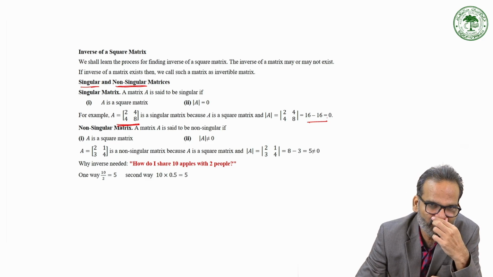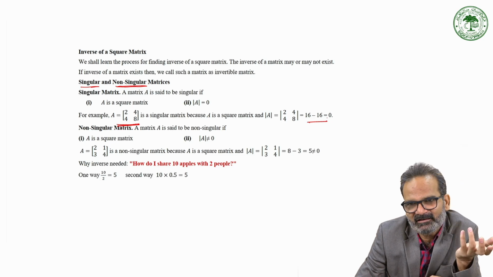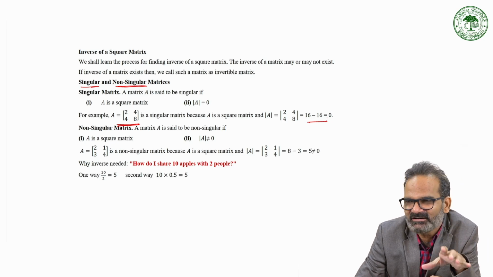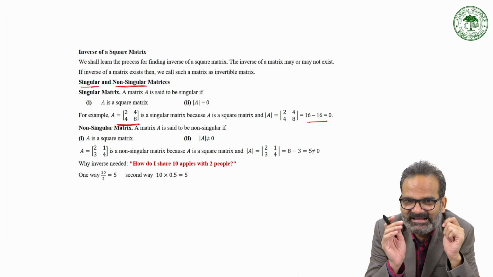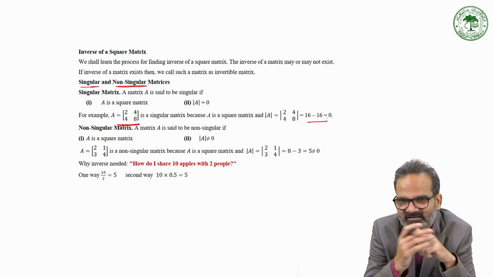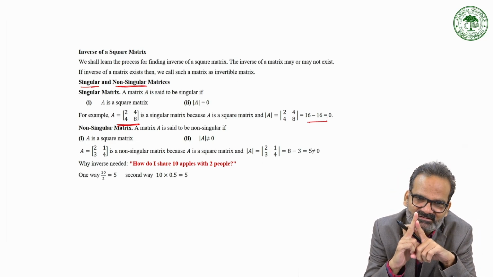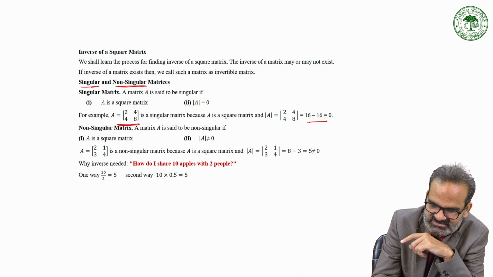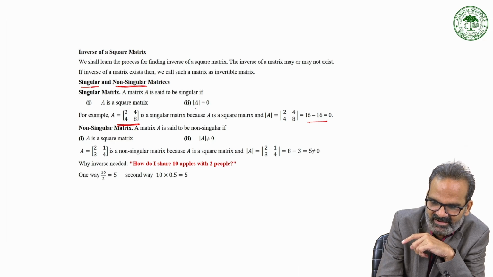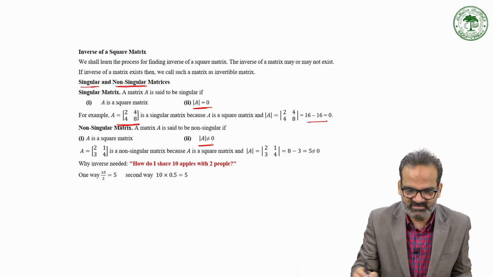The second case is non-singular matrices. A matrix which is not singular is called non-singular. So a matrix A is said to be non-singular if, number 1, it is a square matrix, and number 2, its determinant is not equal to 0. So for a singular matrix, the determinant should be 0, and for non-singular matrices, the determinant should not be equal to 0.